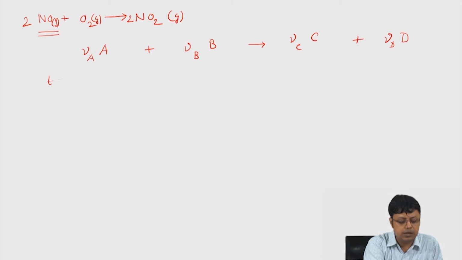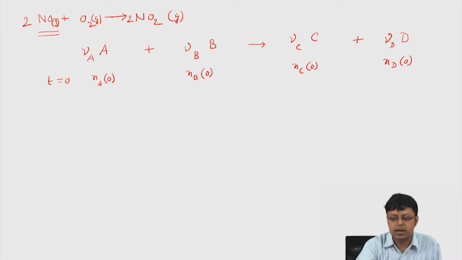Now, suppose at time 0 the initial amounts were, for A, N_A0, the number of moles, not exactly the concentration, and similarly N_B0, N_C0 and N_D0 for the number of moles for the species A, B, C and D. Now, suppose at time t the advancement of the reaction is xi.